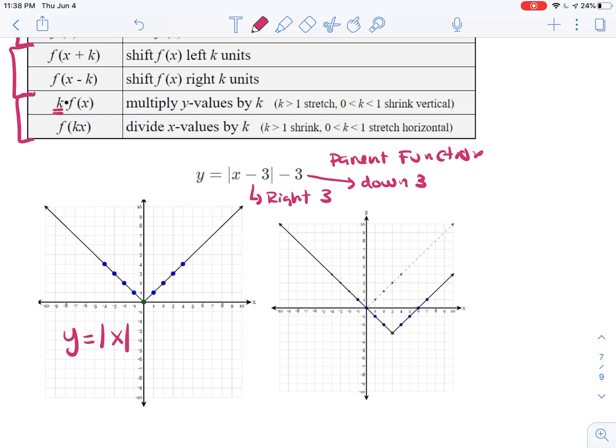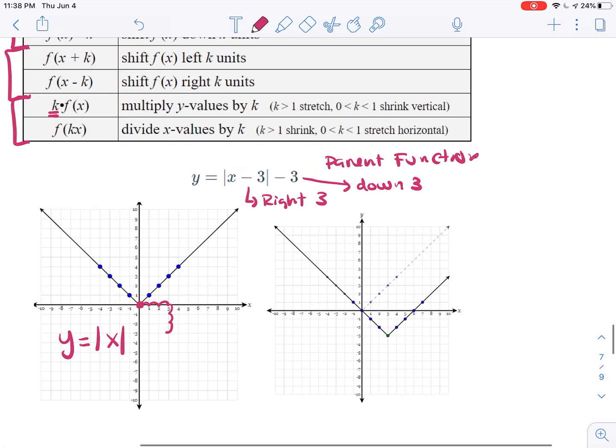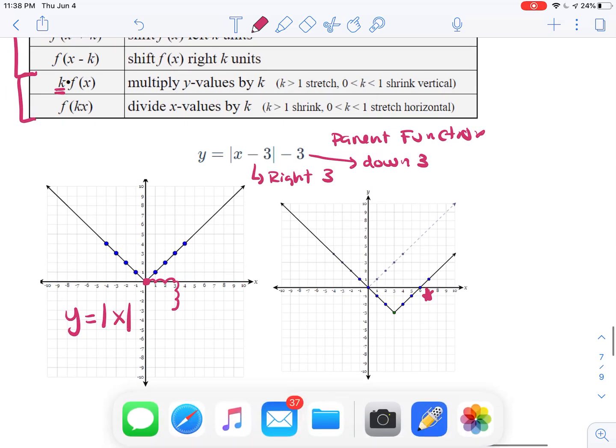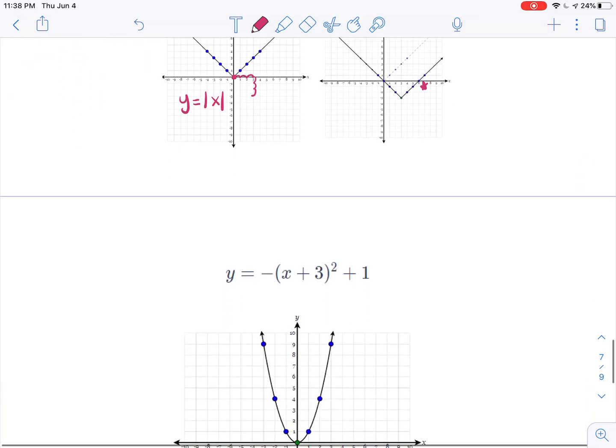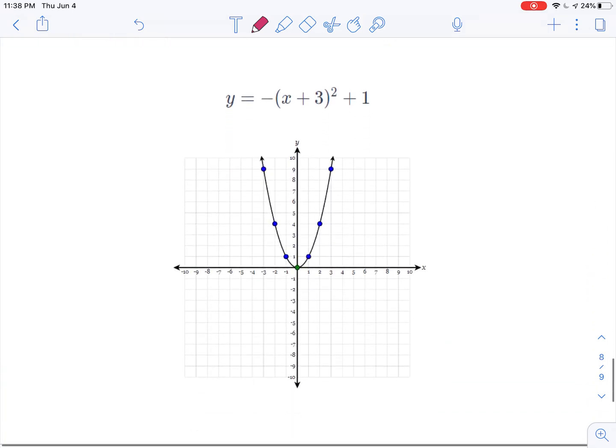So basically, when we work with parabolas, when we work with absolute value, we're going to start with our vertex, and we are going to shift it to the right 1, 2, 3 units, and 1, 2, 3 units down. Okay, now this happens to be a Delta Math graph, so it will shift all the rest of the points for you if you need it. And this down here, the non-dashed one, is the translated function.